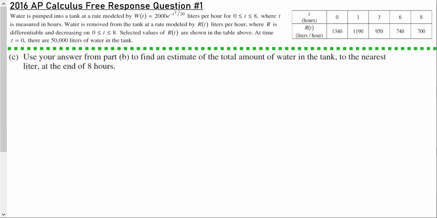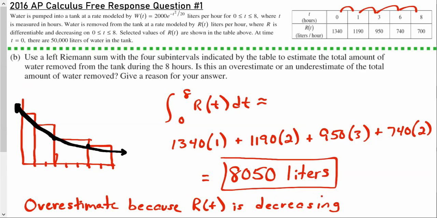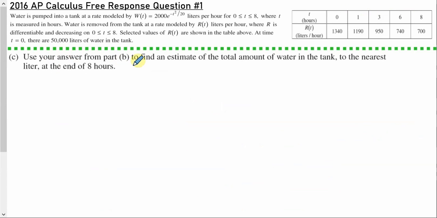Next question. We're going to use that answer of part B. What was our answer? I don't want to forget. 8,050. All right, let me put that in there so I don't forget. To find an estimate of the total water in the tank to the nearest liter at the end of the 8 hours, we have to consider it all: what's going in, what's coming out, what it started with.